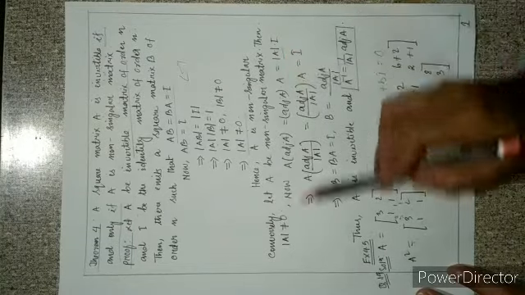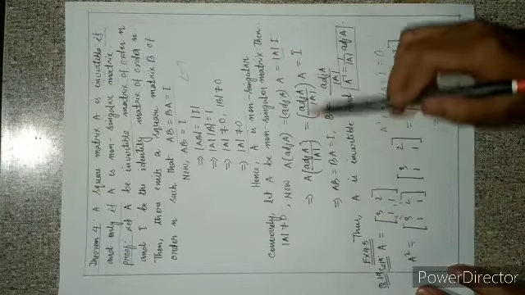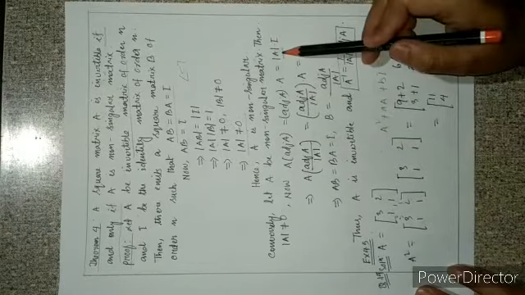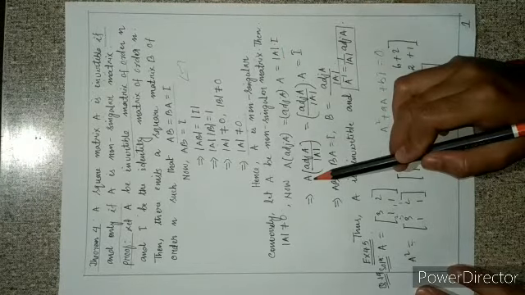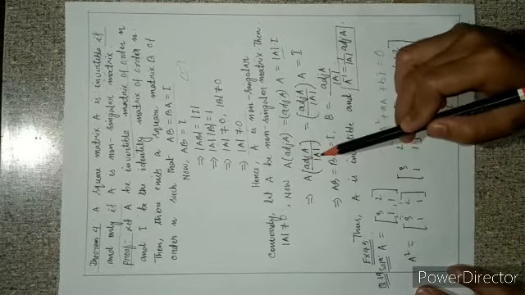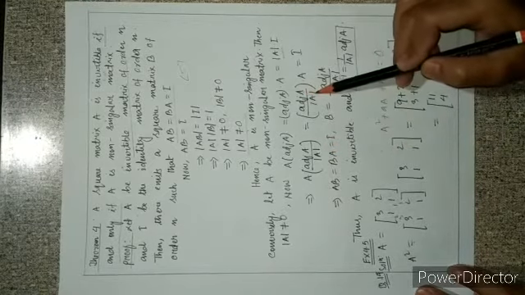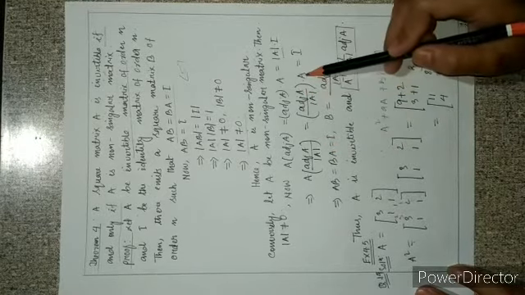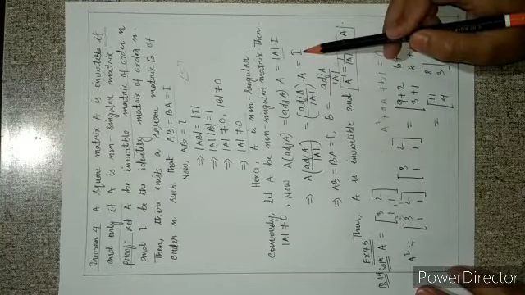Since determinant of A is not equal to 0, dividing both sides by determinant of A, we have matrix A multiplied by adj A divided by determinant of A is equal to adj A divided by determinant of A multiplied by matrix A is equal to identity.